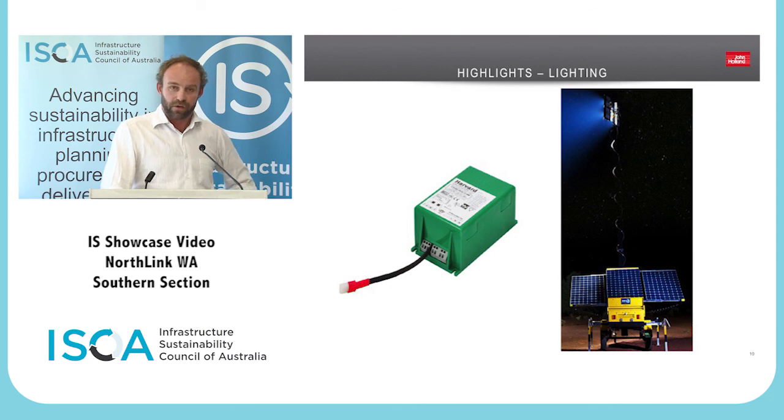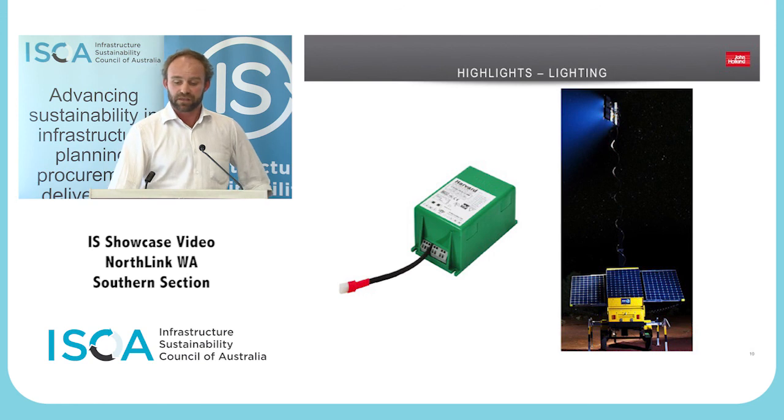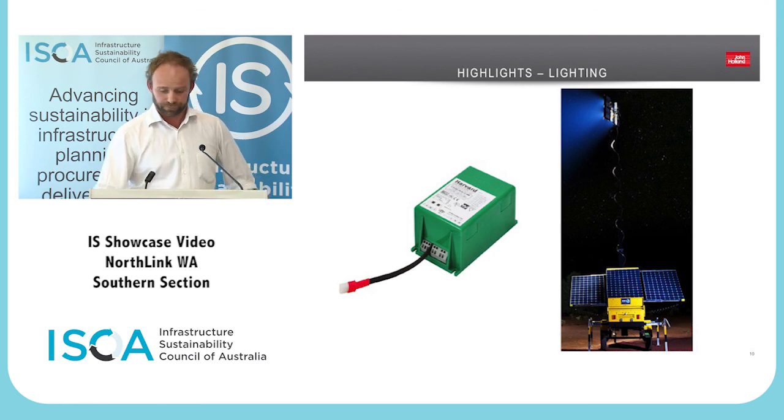The solar ones now are cost neutral with the diesel generated ones. So we've just signed up a supplier to give us about 20 of those for the remainder of the job. A year ago that wasn't the case, but now it is. So the technology, with prices reducing, is making solar power more viable more often.